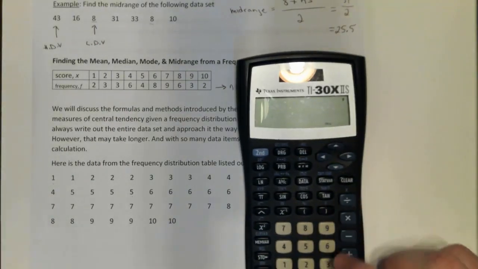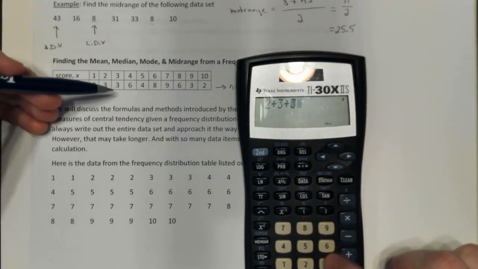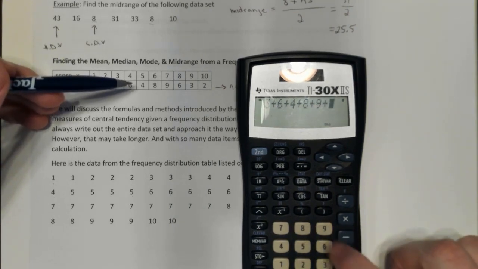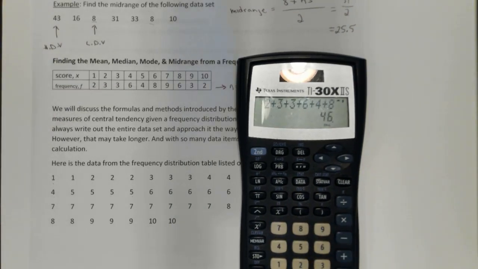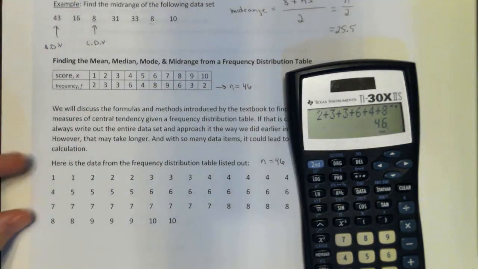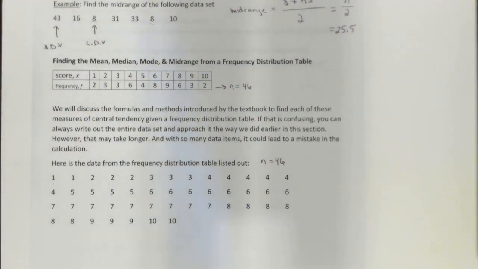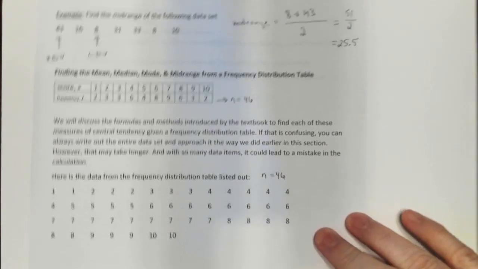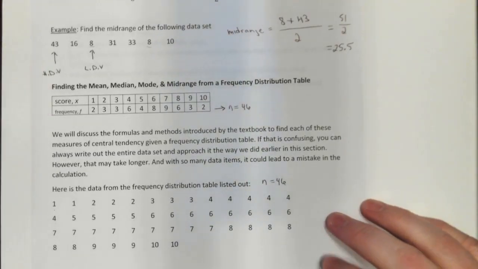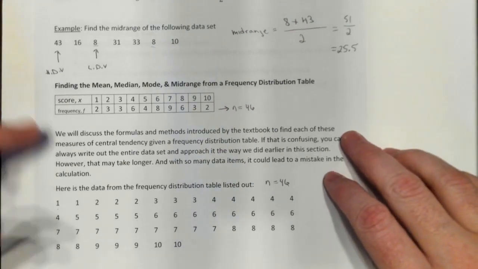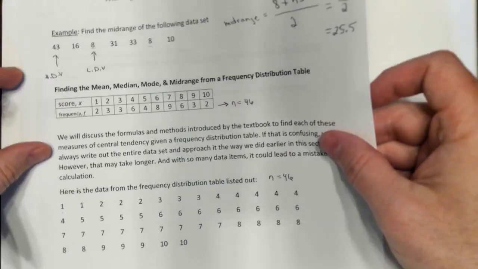Let's see. 2 plus 3 plus 3 plus 6 plus 4 plus 8 plus 9 plus 6 plus 3 plus 2, 46. If you don't write out the data set, which most people aren't, I would do that calculation twice to make sure I got 46. Okay? So I'm going to be using the table. If you don't like the table, write out the set. You can do it using the process we did earlier.